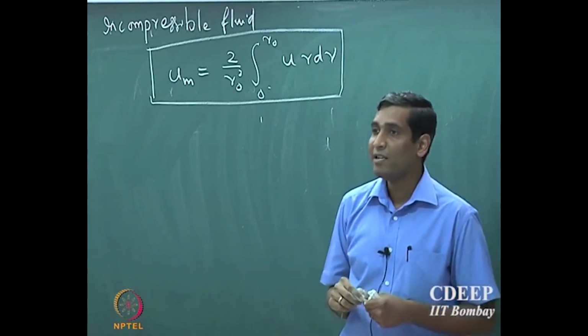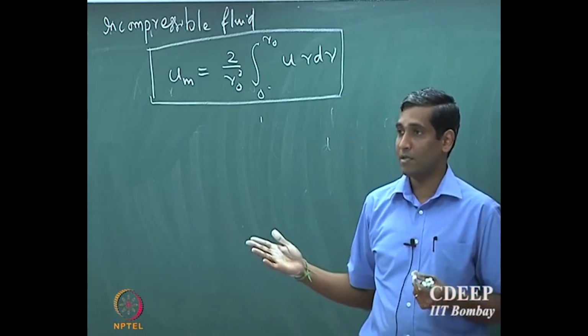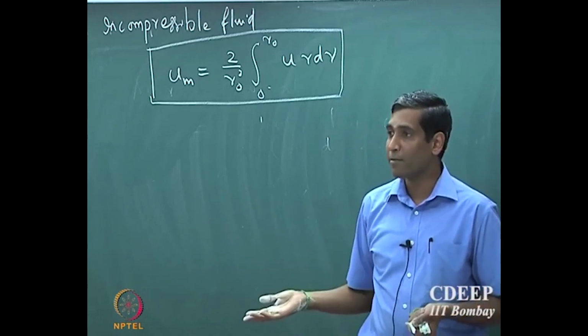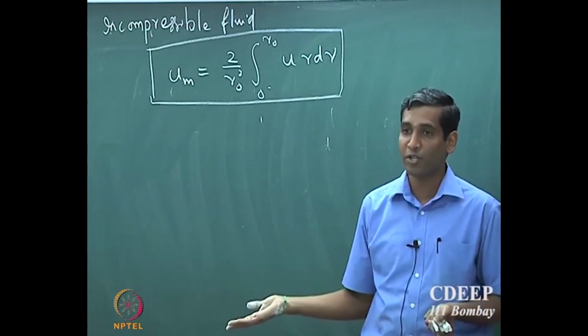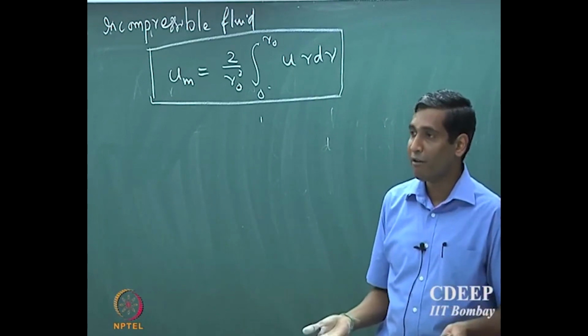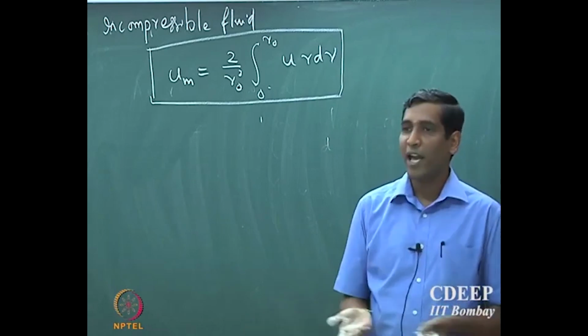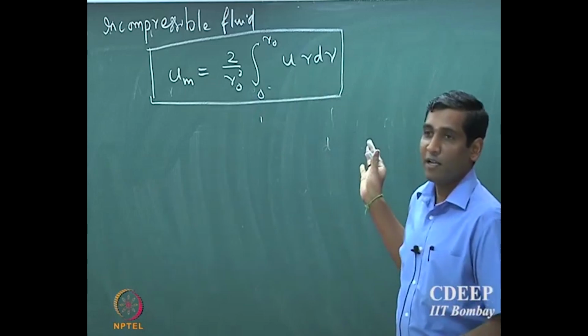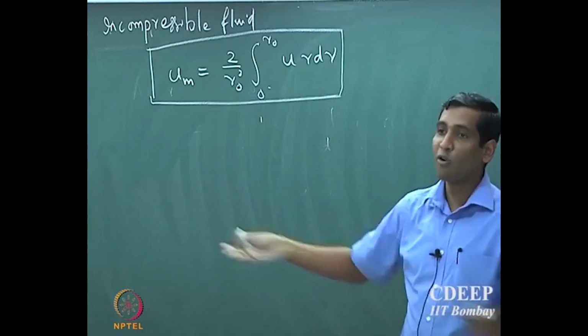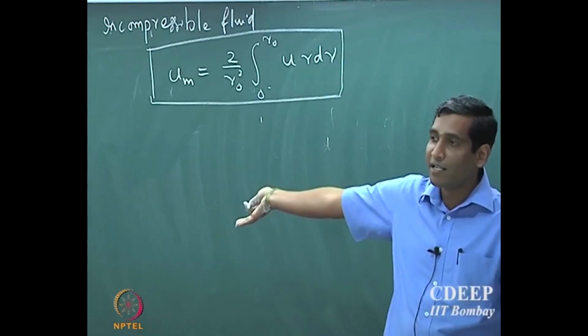Now this is valid at every location. If it is in a fully developed regime, then u is not a function of x position. But before the fully developed regime, u is a function of both x and r, and therefore you have to consider the whole dependence of radius at all locations from 0 to L, if L is the length of the tube.